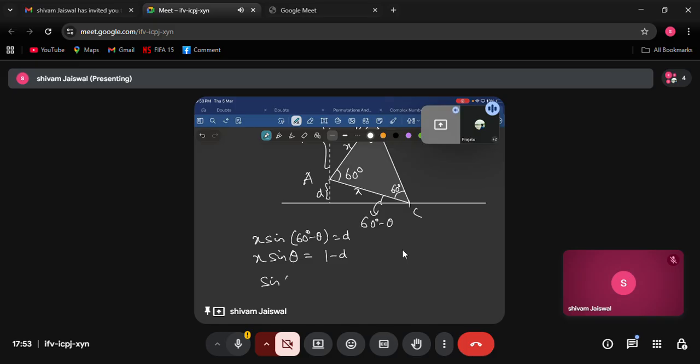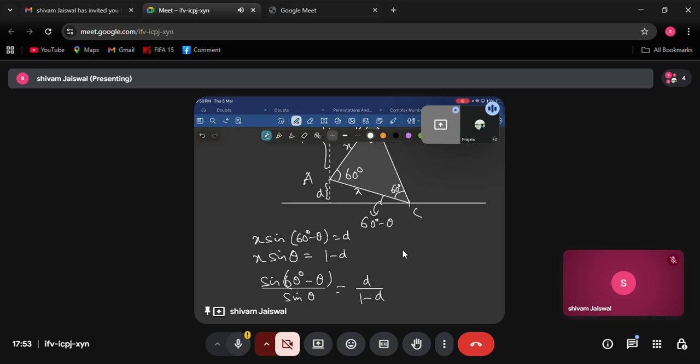Sin 60 minus theta upon sin theta is equal to d by 1 minus d.